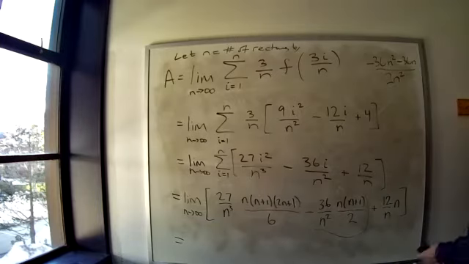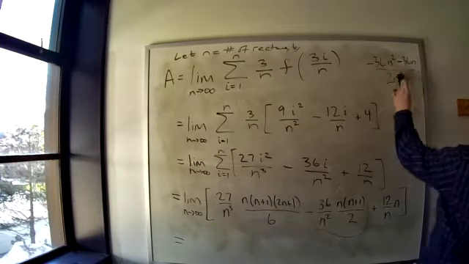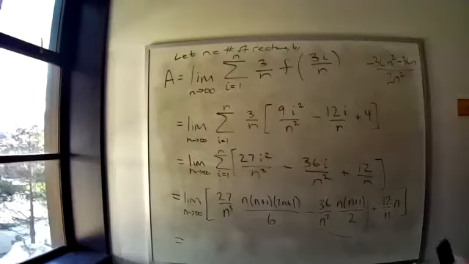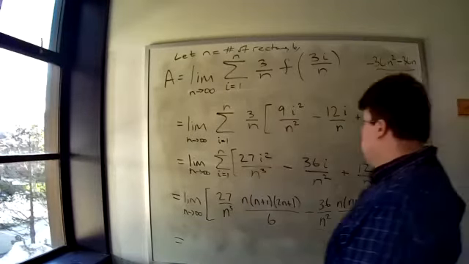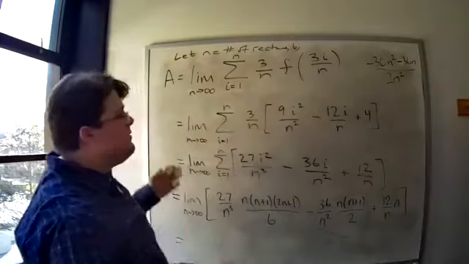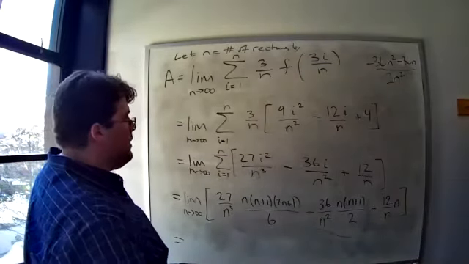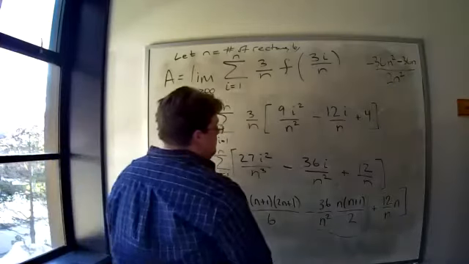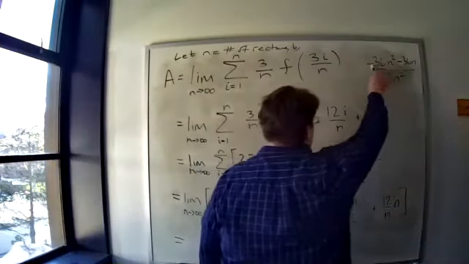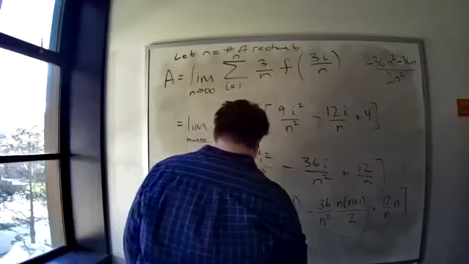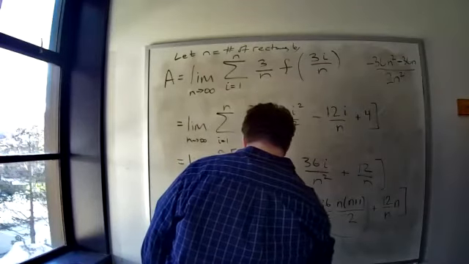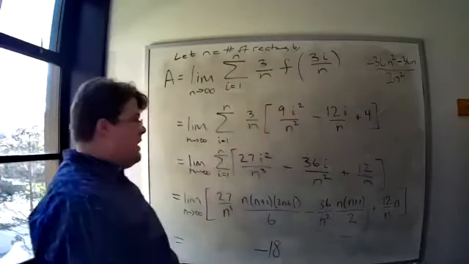So in particular, we have a degree 2 over a degree 2. And in that case, we could divide everything by n squared and then take the limit. Or we could make our coefficient observation, which would tell us that this limit would be negative 36 over 2, which I will write over here as negative 18.